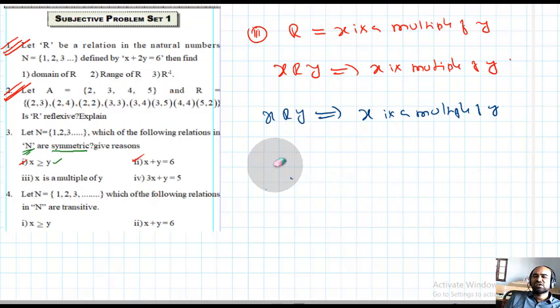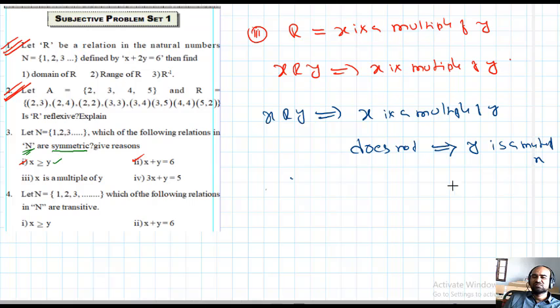Okay, that's why x related to y, x is a multiple of y, does not imply y is a multiple of x.